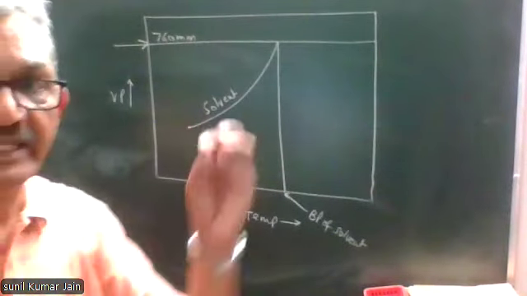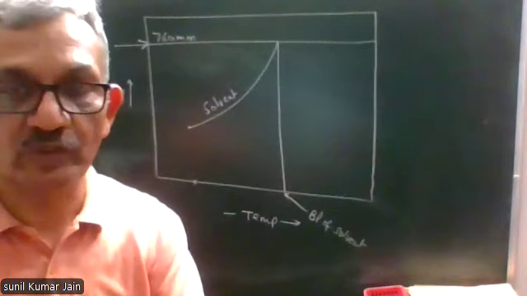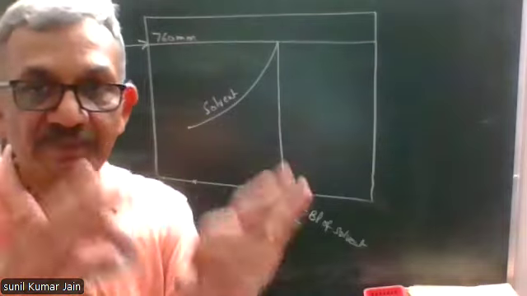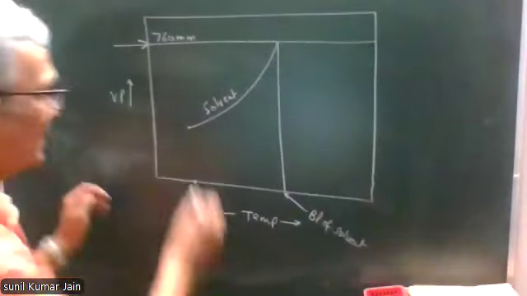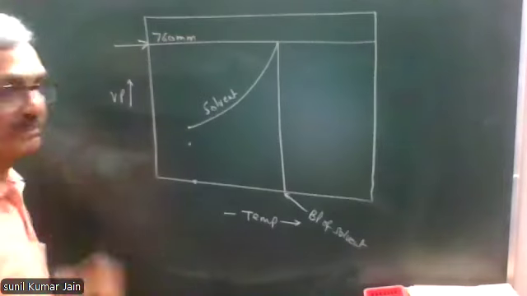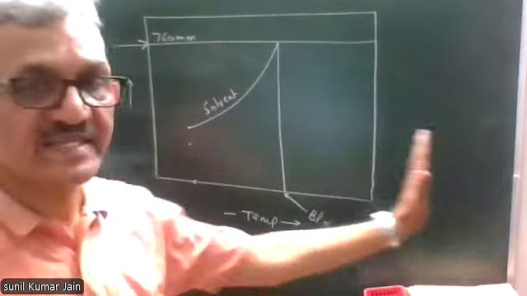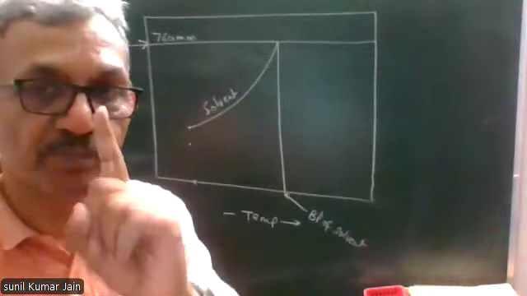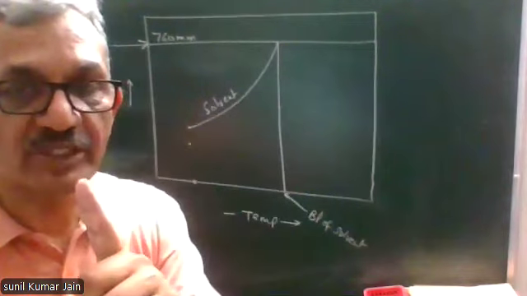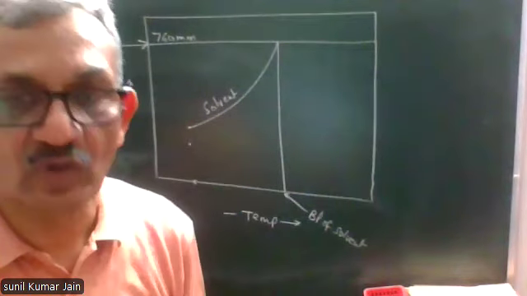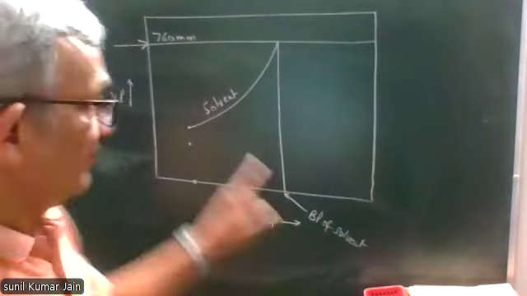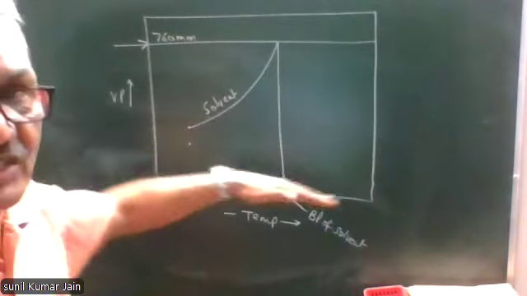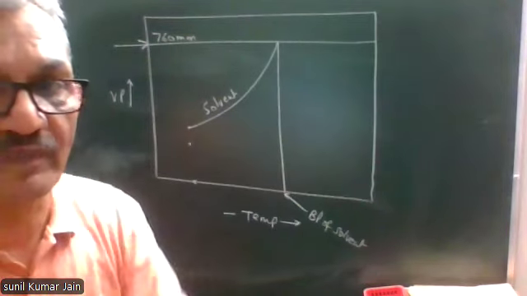Now we go back to the original temperature. Let us say I dissolve some non-volatile solute and prepare a solution. When solute is dissolved, vapor pressure will decrease. Now, when I increase the temperature, vapor pressure of the solution will increase. But at any temperature, due to the presence of non-volatile solute, vapor pressure will always remain lesser than the vapor pressure of solvent.